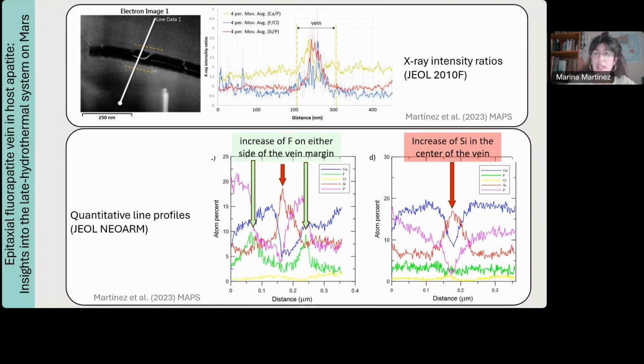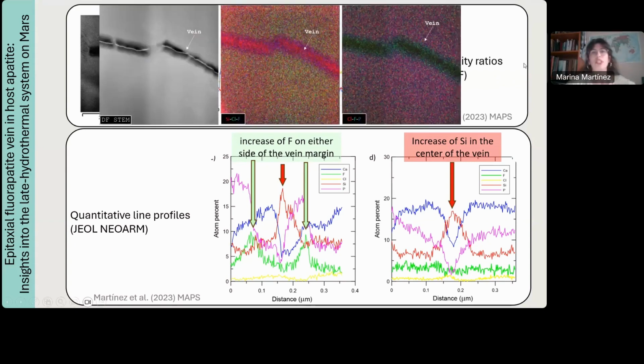In the last image on the left, you can see that silica, in red, increases at the center of the vein while everything else decreases, meaning that there's another phase, a silica-rich phase at the center of the vein that was not detected before. If you look at the compositional X-ray maps, especially the one in the middle, you can see as well that the fluorine is at the margins and the silica is filling the center of the vein.